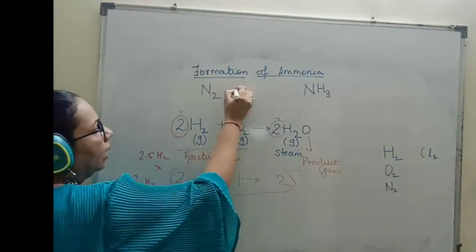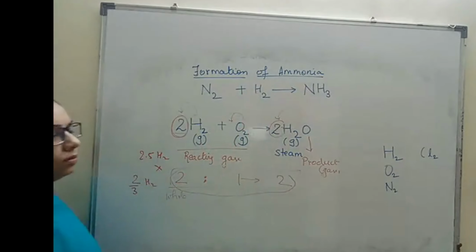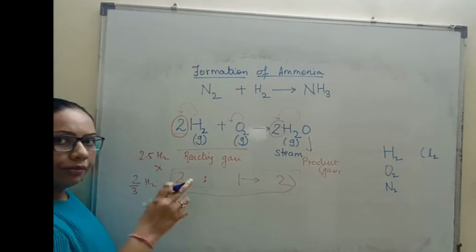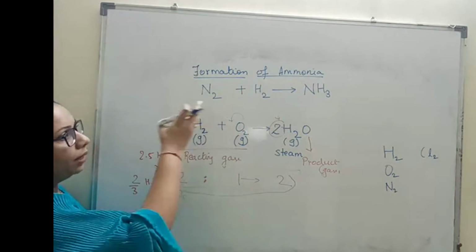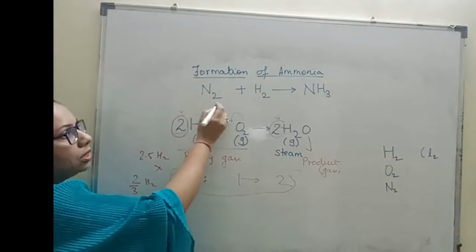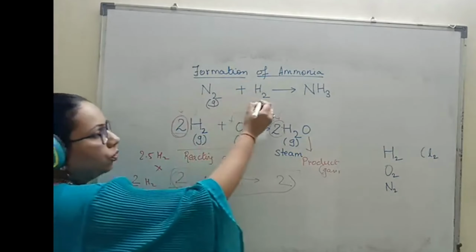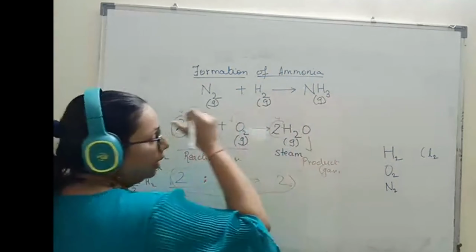Nitrogen and hydrogen will react to give you ammonia. And now we're going to balance it. First, always write your rough idea. If you know your products very well, then you can pick up that nitrogen was used and hydrogen was used. Nitrogen is in the form of gas, hydrogen obviously is in the form of gas, and the ammonia result is gas because it's an exothermic reaction.